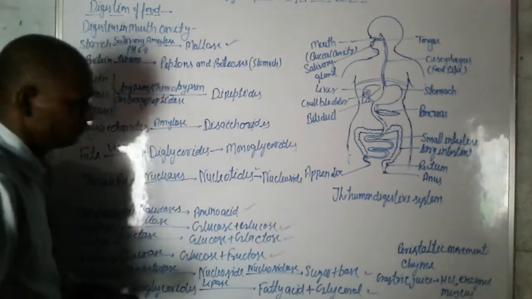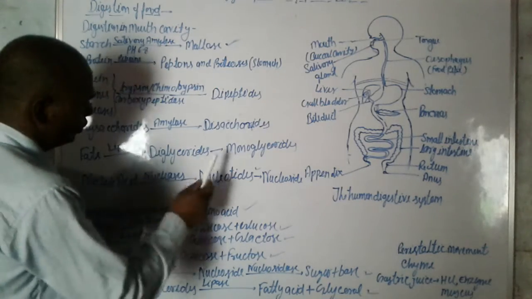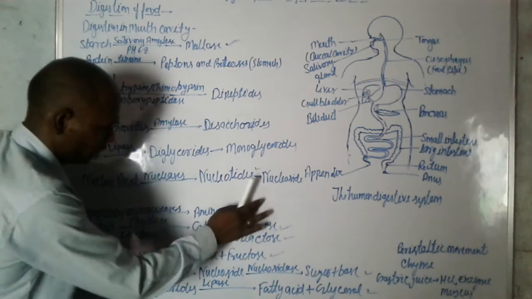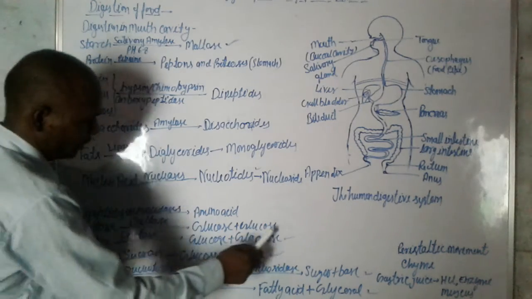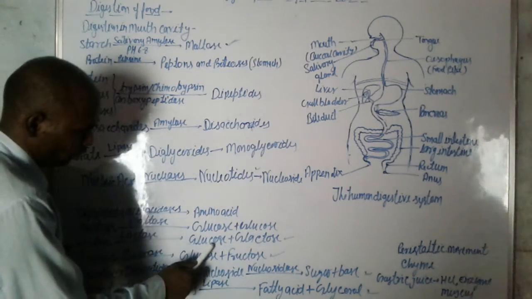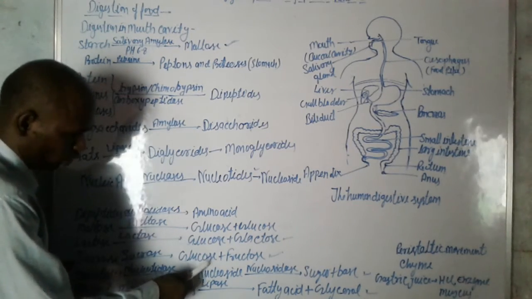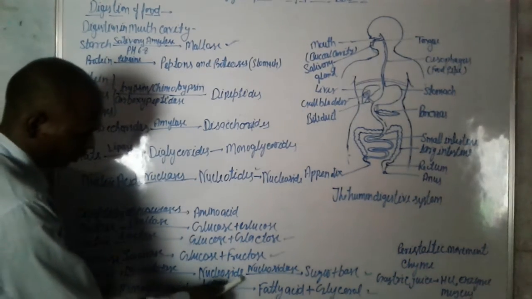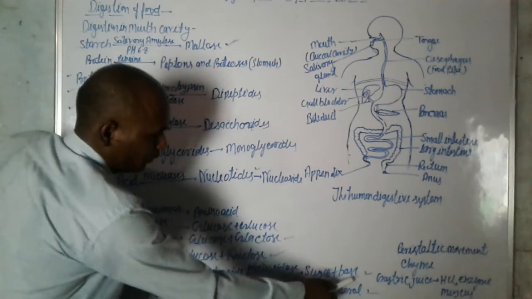We see here that protein is converted into amino acid in digestion, and maltose is converted into glucose, lactose into glucose and galactose, and sucrose into glucose and fructose. Nucleotides are converted into nucleosides, and nucleoside into sugar plus base.